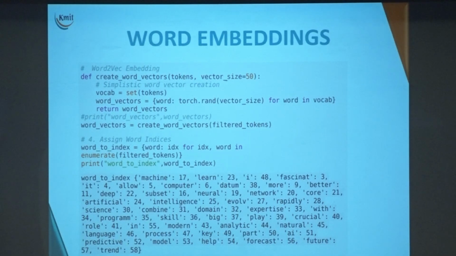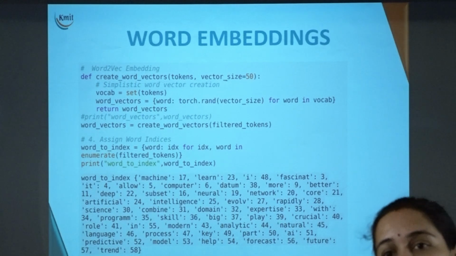As I told you, a machine cannot understand words or characters or strings. It can understand only numerical values, for which here, for a higher amount of computation, tensors. The simplest form of tensor is a vector. Clear enough, guys? So here, word to vector embedding.